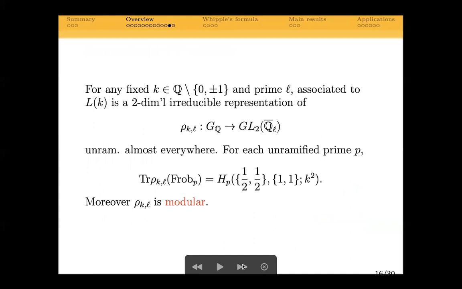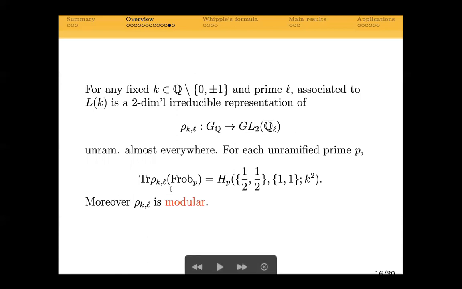And on the Galois side, when k is a rational number different from 0 and plus or minus 1, what we have is an elliptic curve defined over Q. Then for any fixed prime number l, you can compute the so-called Galois representation. The Galois representation will be two-dimensional, arising from the l-division points of the elliptic curve. If you look at the semi-simplification, the most important thing is computing traces. For the Galois representation at an unramified prime, you compute what we call Frobenius.